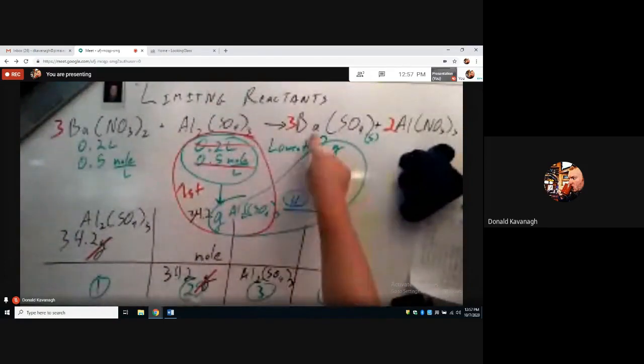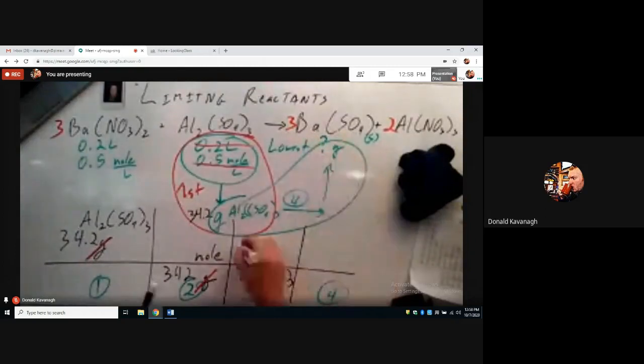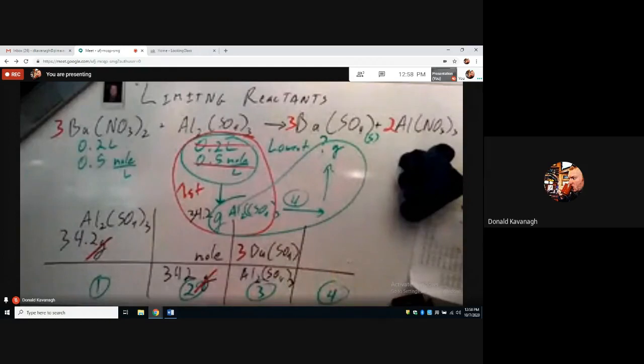That means this is going to go on the top, because that's what we're trying to find. How many grams of sandwiches? A word cancels like in every step.